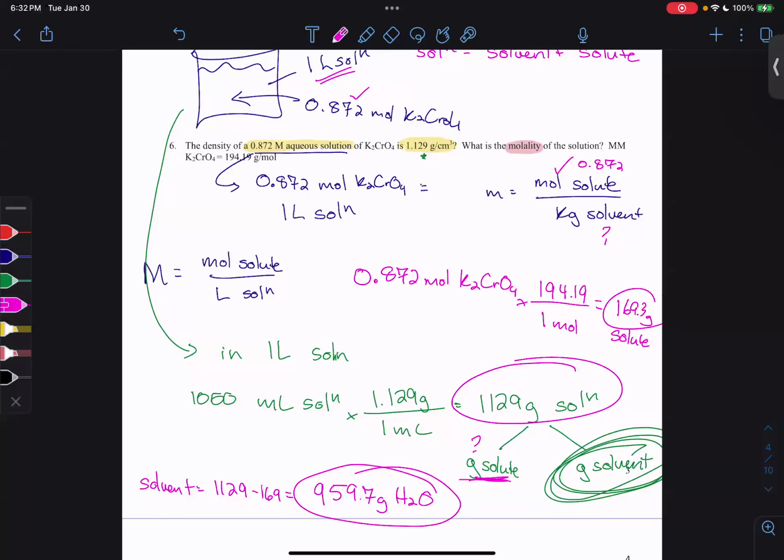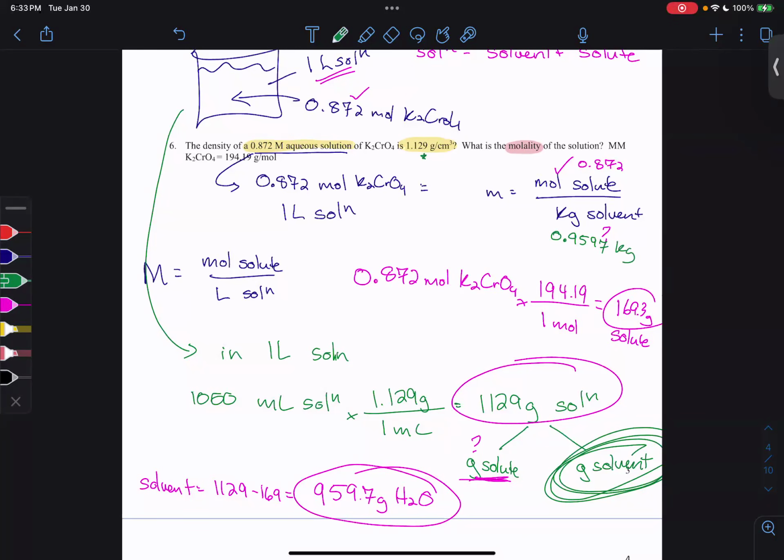A very common mistake is students will just take that density value, but that tells you the gram amount of the solution. We need the kilogram amount of the solvent. So you got to do this subtraction. And so this is the number that you want to put in the denominator. Of course, convert it to kilograms before you do it. So molality here is going to be 0.872 moles over 0.9597 kilograms. Goes in the denominator, divide those things, you get your answer.